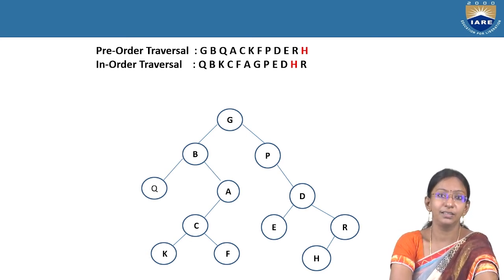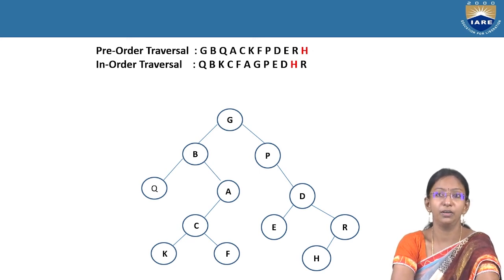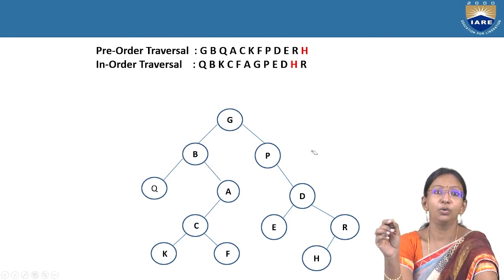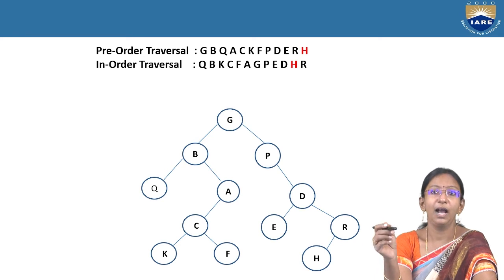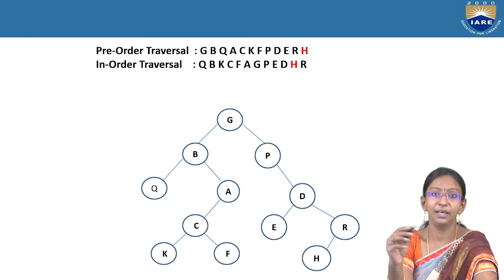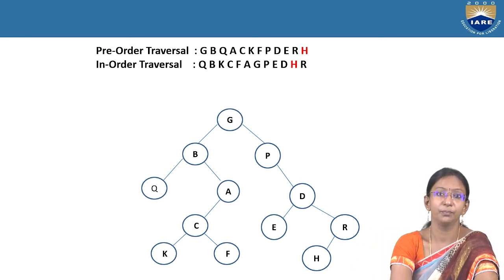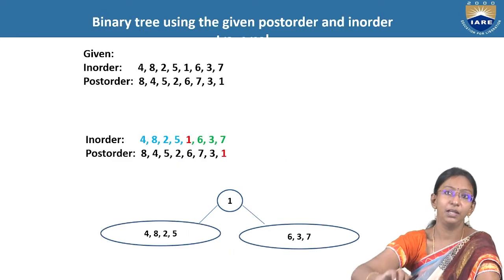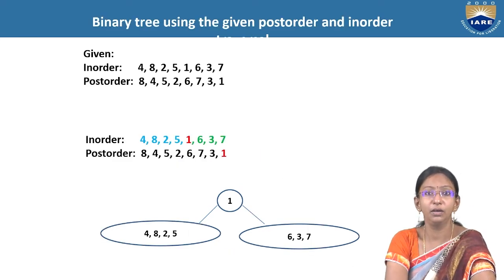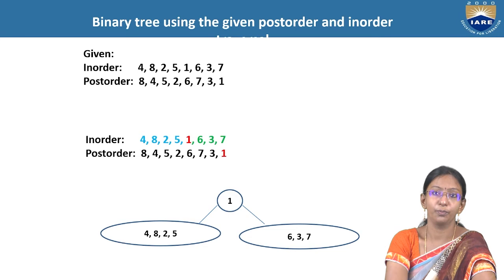So the resultant binary tree constructed using pre-order and in-order is this one. Okay. Once again, I am repeating, use pre-order to identify the root node and in-order to identify the left and right subtrees. Okay. So similarly, you will be given in-order and post-order also.